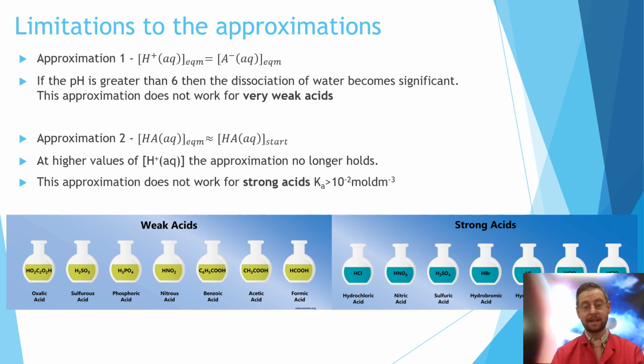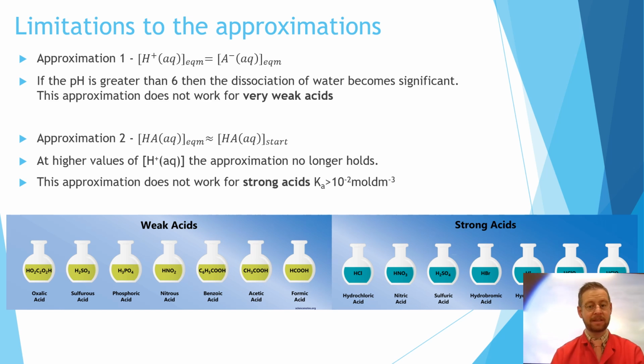Some of the H pluses become separate from OH minus from the H2O, and they actually play a contributing part in the pH of these very weak acids. It becomes that there might be a higher concentration of H plus than the concentration of A minus in very weak acids and higher pHs.